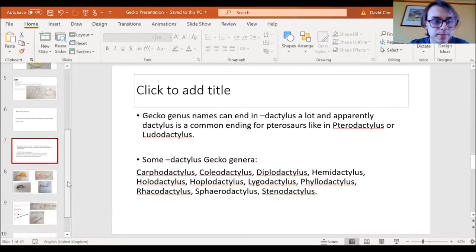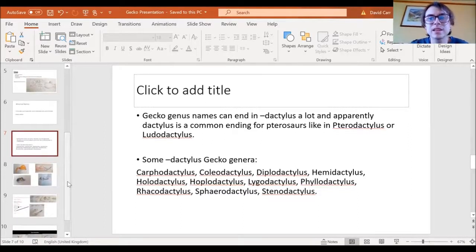So this is actually quite interesting, how pterosaurs apparently can have dactylus in their name quite commonly, and geckos can also have dactylus in their name. They seem to have it in their name quite a lot, in my experience.